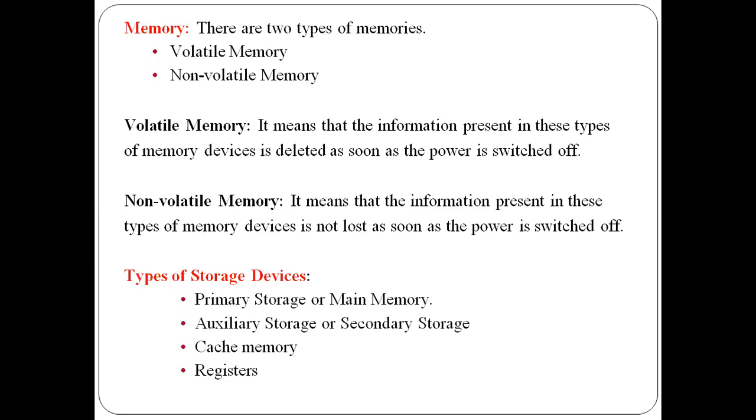As we are discussing memory, we have to know how this memory is stored, right? So we'll see the different kinds of storage devices which we have. Coming to the storage devices, we have four kinds: primary storage or main memory, secondary or auxiliary storage, cache memory, and registers.